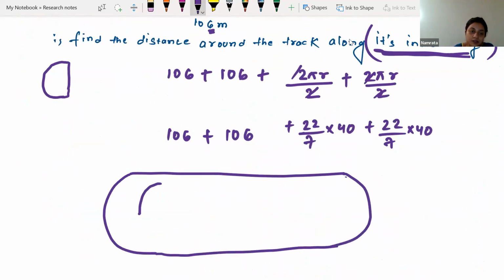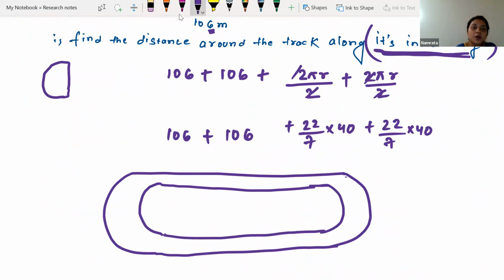The question is asking about the inner edge distance, not the outer edge. There is a difference between inner and outer. We are supposed to find this distance: this one, this semicircle, then this one, then this semicircle. So we have taken this as 106 and this as 106.